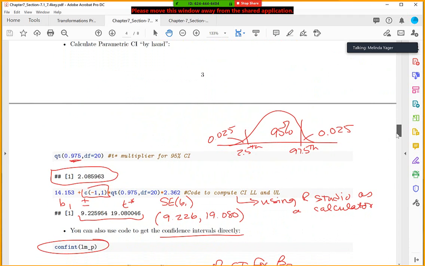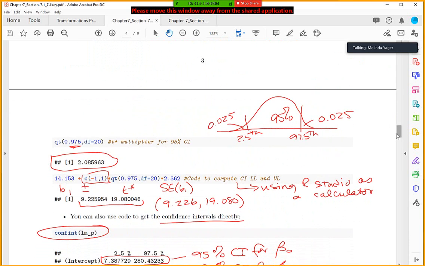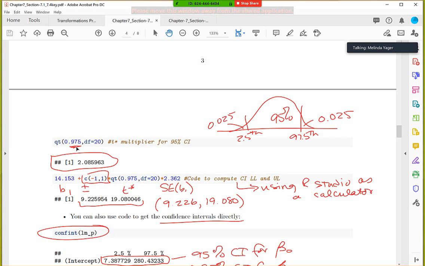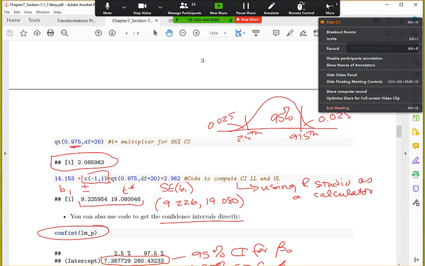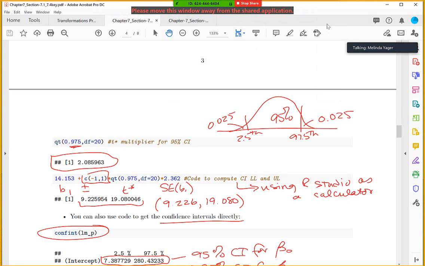Also, just working through this, you can see how we calculated the confidence intervals. Notice that the 0.975 here references that 95%. So if we did a 0.95, we would see the confidence interval for a 90%. Seeing something in the chat here.